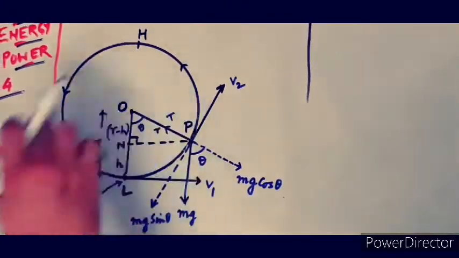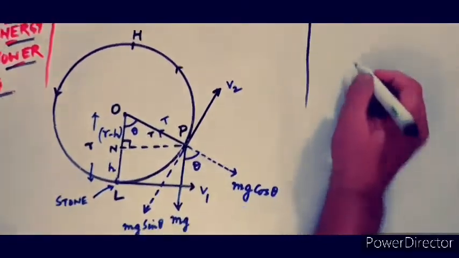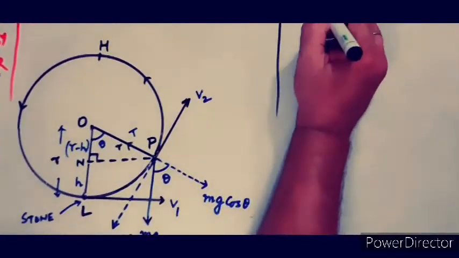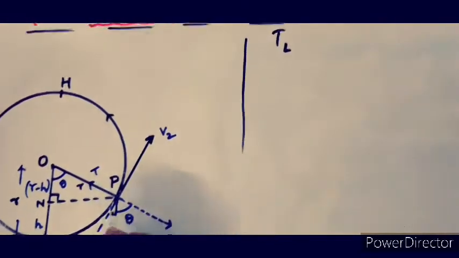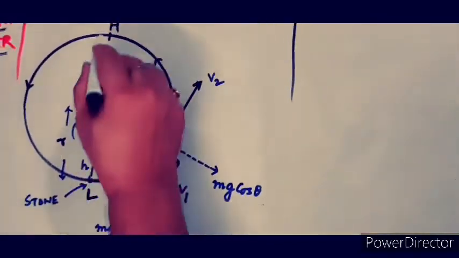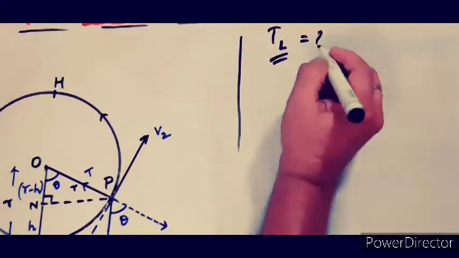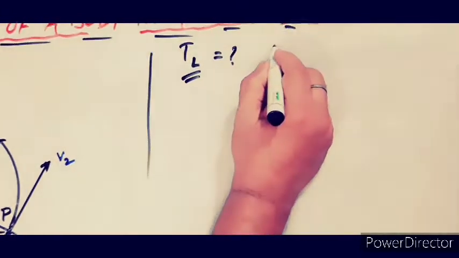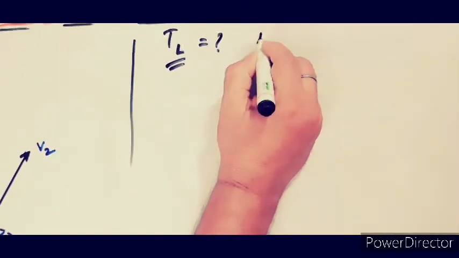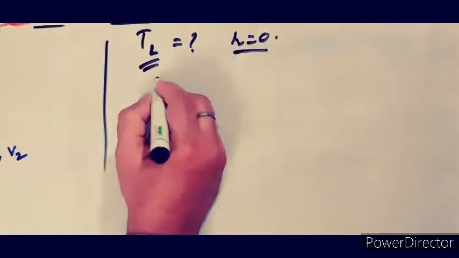The particle or stone is revolving in the vertical circle. Now we have to find out both things, tension at the lowest point L and at the highest point H. Tension at the lowest point is equal to how much? At the lowest point, we know L is the reference point, so h is equal to 0. So put h equal to 0 in equation number 5.